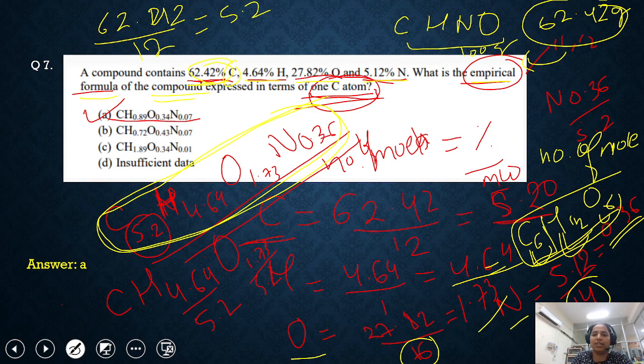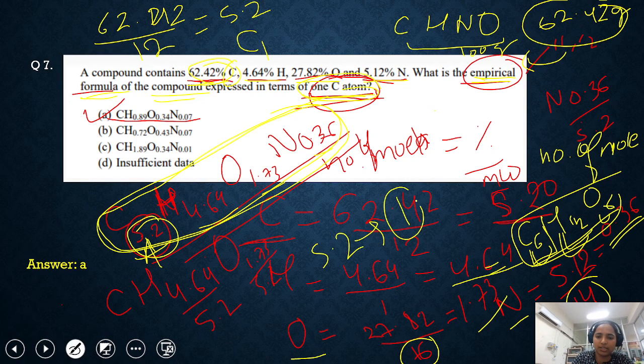But what they have mentioned further is that we have to express the empirical formula in terms of one carbon atom, meaning carbon should be 1 here. So when carbon is 1, all these values will change. This 5.2 value we need to change to 1.